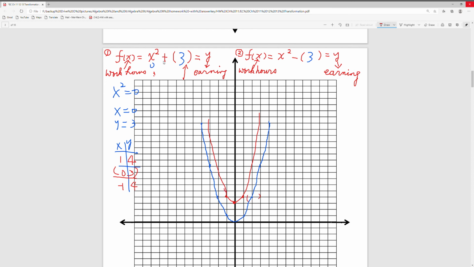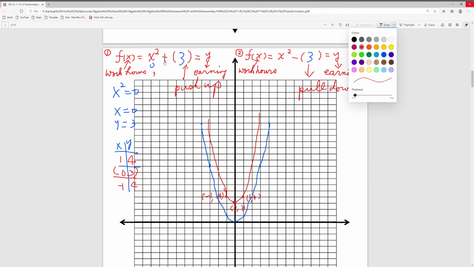You should label 1, 4, 0, 3, negative 1, 4. So when you have plus 3, the whole graph is pushed up. Understandably, when you have minus 3, the whole graph will be pulled down.